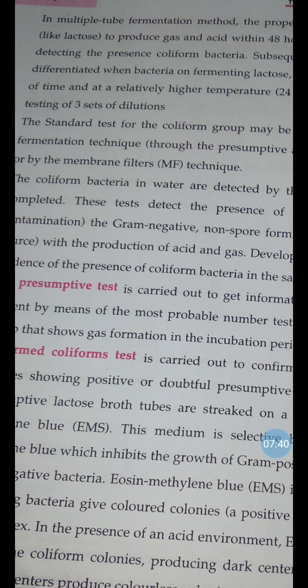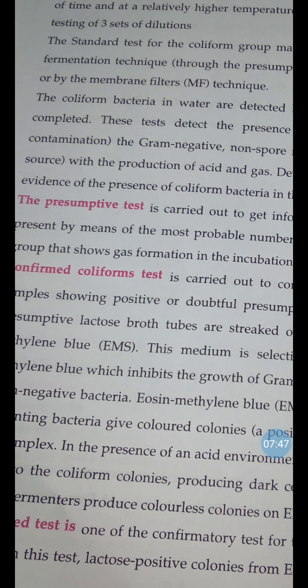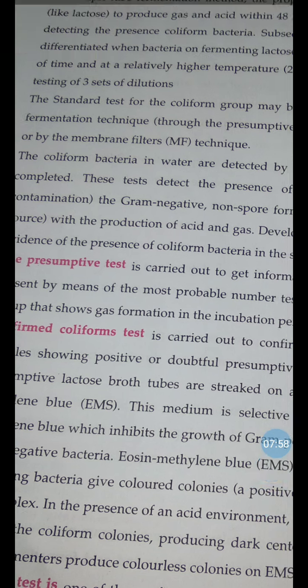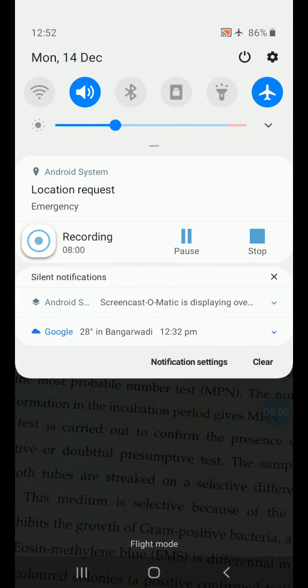Then third, that is the completed test. This test is one of the confirmatory tests for the presence of E. coli in the water. In this test, the lactose positive colonies from EMB agar are isolated and inoculated into a lactose broth tube, and streaked onto a nutrient agar plate to perform gram staining.